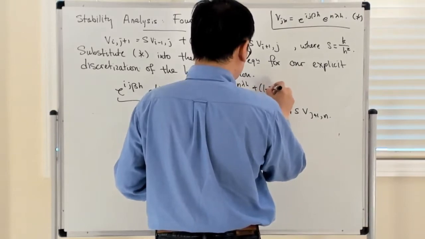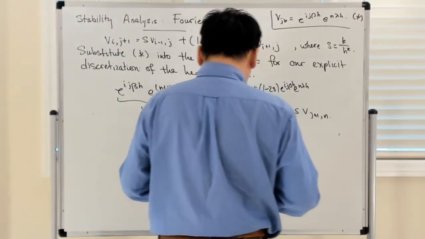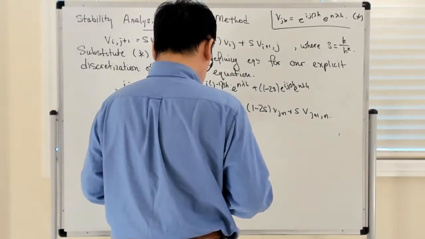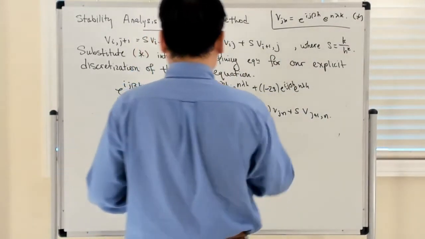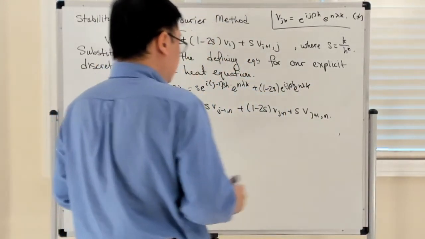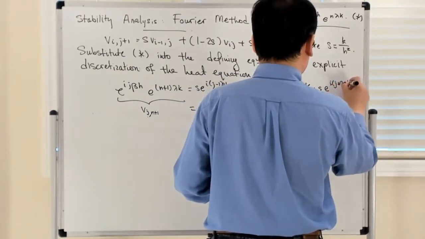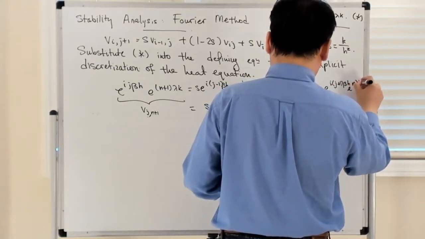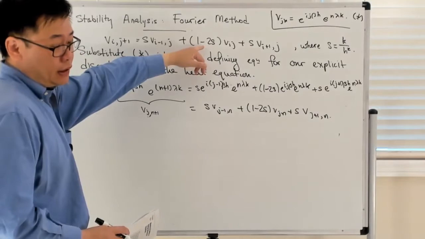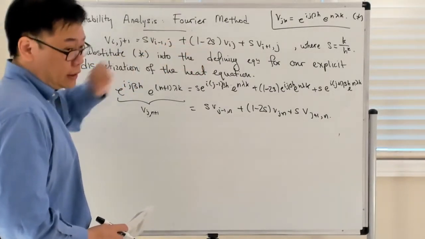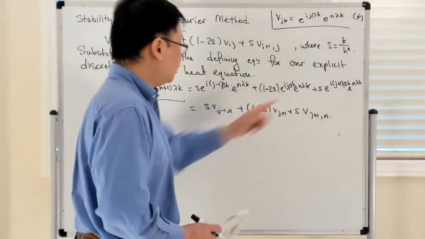And so I keep going: 1 minus 2s e^(iβjh) e^(λnk), yes, k here, plus s e^(iβ(j+1)h) e^(λnk). So I first took the defining equation for the explicit method for the parabolic equation, re-indexed it, and then used this form of the solution and substituted it to give you this here.